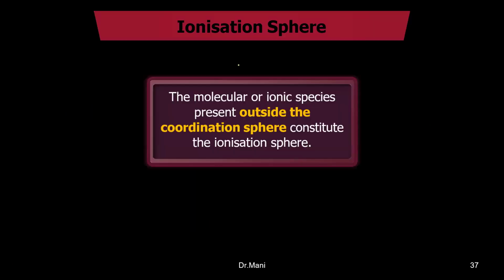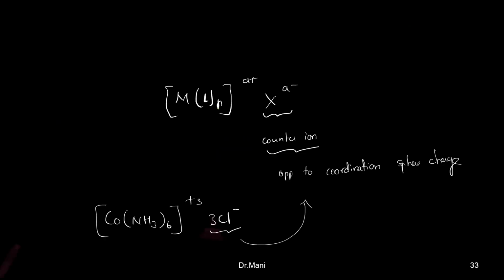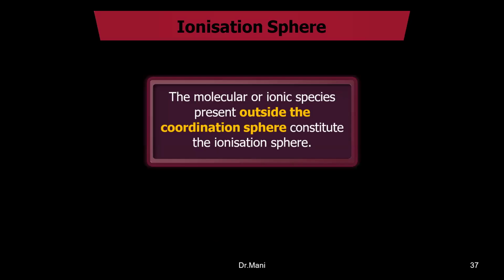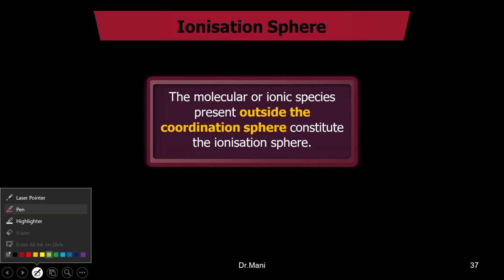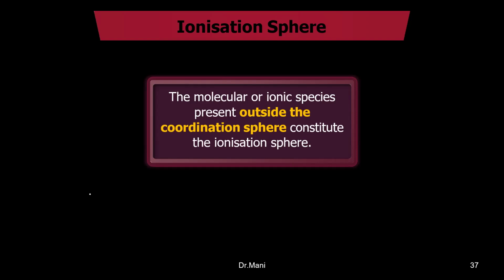So what is the ionization sphere? The molecule or ionic species present outside the coordination sphere. Whatever the counterpart is, that comes under the ionization sphere. Suppose you take an example, [Fe(CN)6]4 minus.